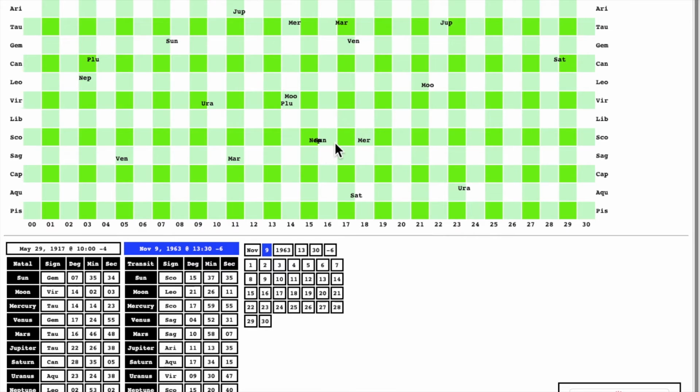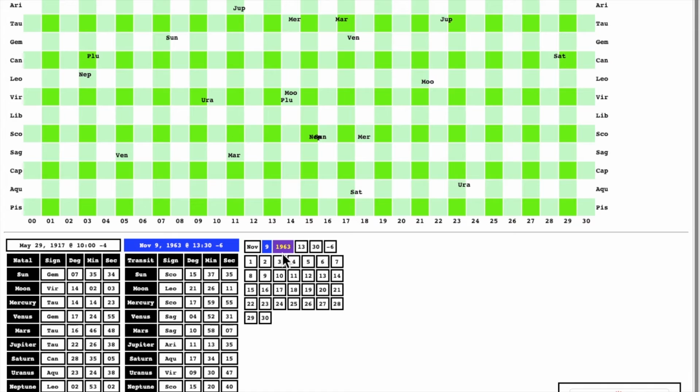We have, what is that? 15, 16. So in the transiting chart, here's 17. Where's Sun here, and 15, and Neptune, the Sun and Neptune over here transiting.